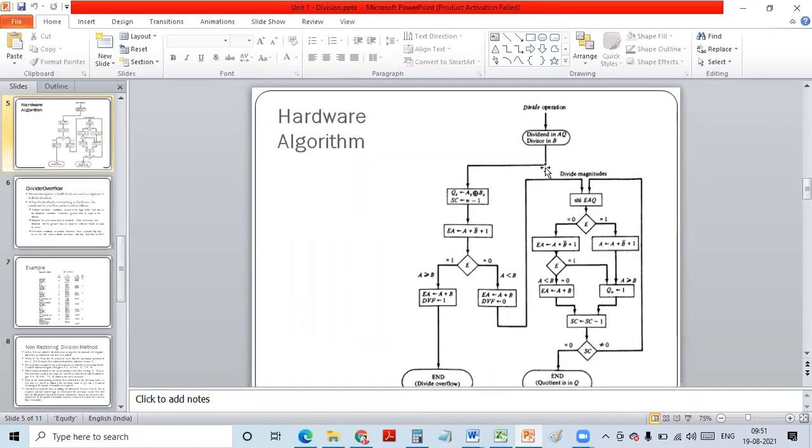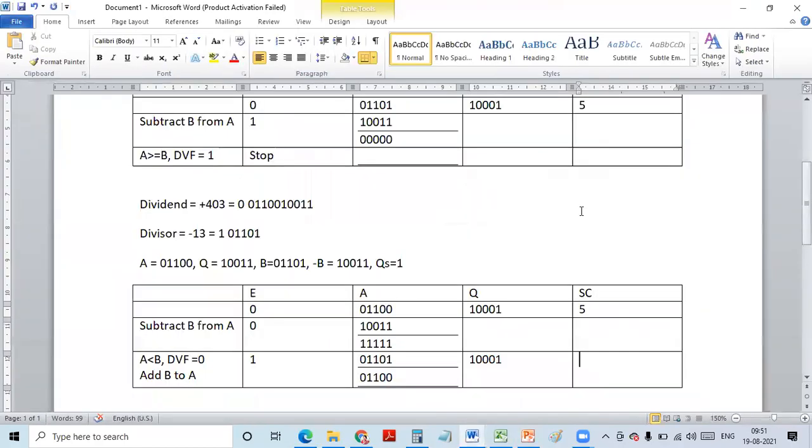After this, we should shift, that is SHL EAQ, shift left. Whatever is the value in E, we will lose it, and the most significant bit of A is now obtained in E. A becomes 1, 1, 0, 0, then Q's one bit, and then 0.